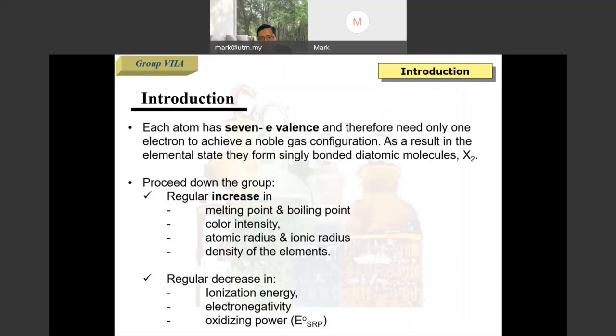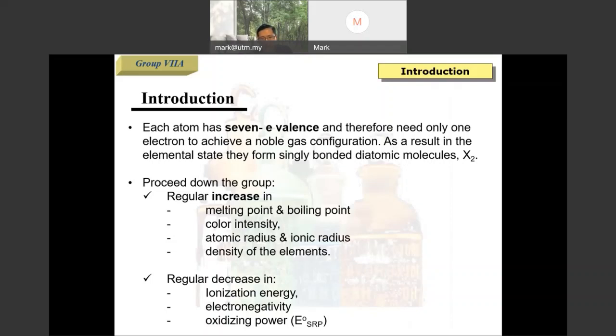Color intensity becomes more and more intense as you go down the group. The atomic radius and ionic radius also increase as the shells increase. Density of the element increases as well. That's why we have solid for iodine.